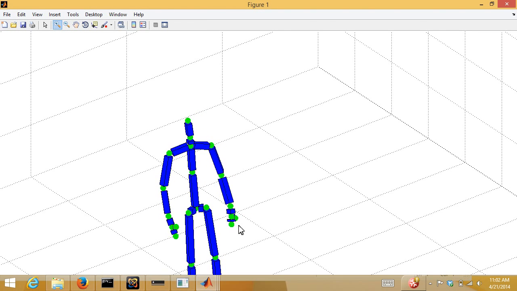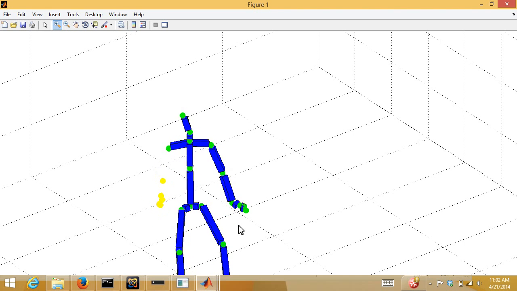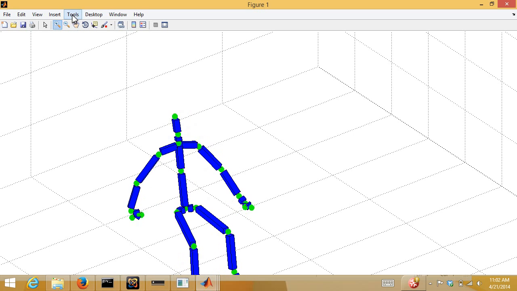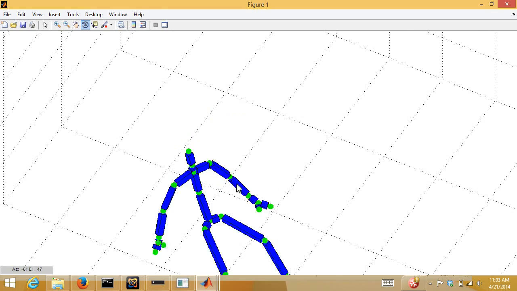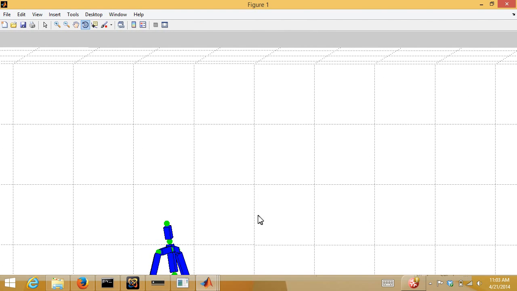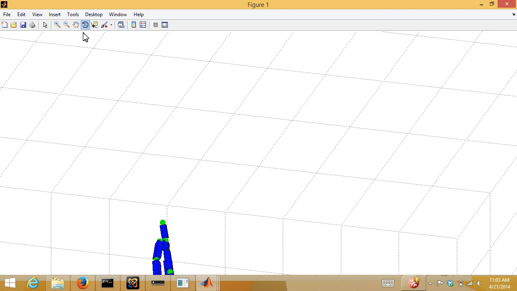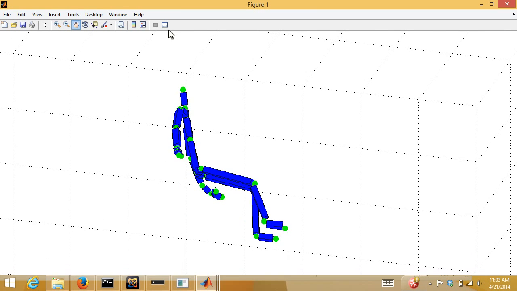So does it work when you're sitting down? It looks like it's kind of working. Sorry, I'm trying to wriggle this around here. Right. So this is the side view of you sitting down.